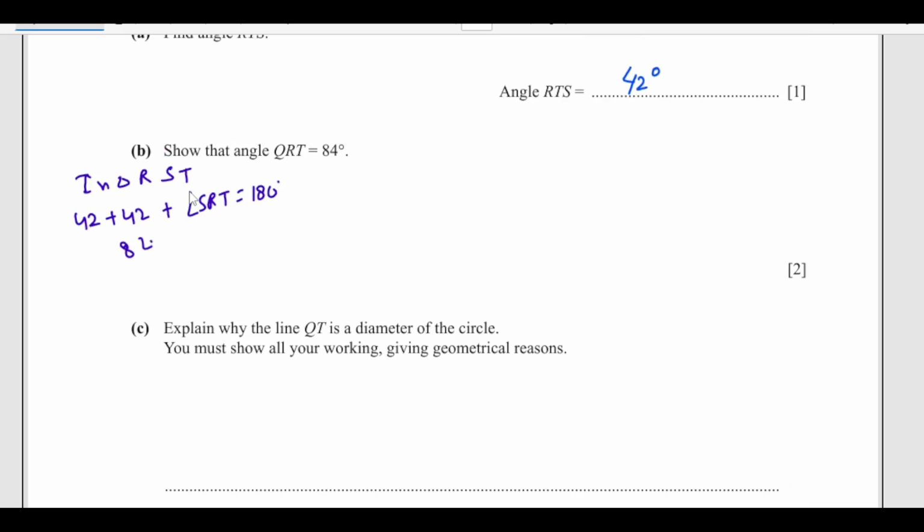So this is 84 plus angle SRT is 180, right? So angle SRT is going to be 96.